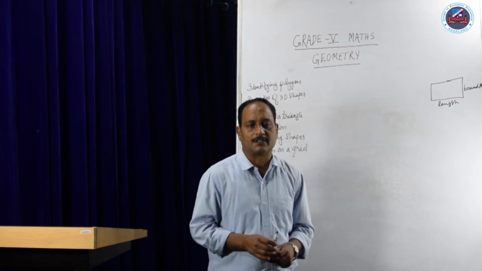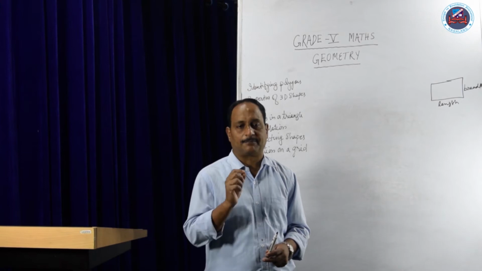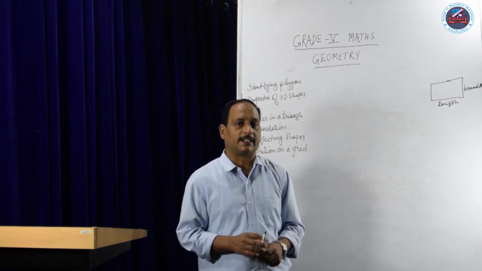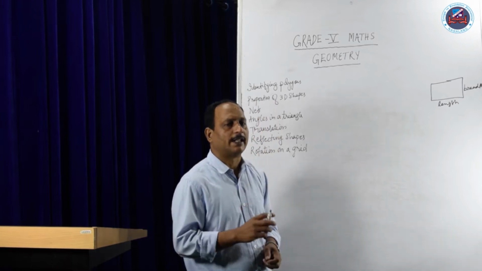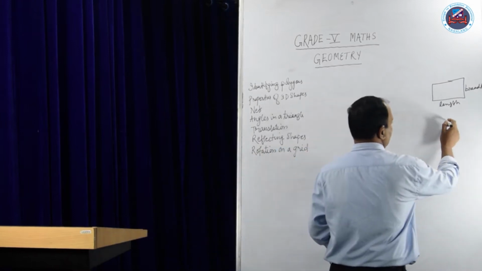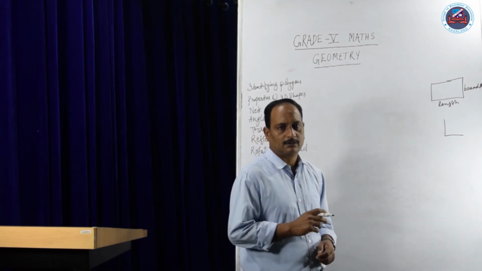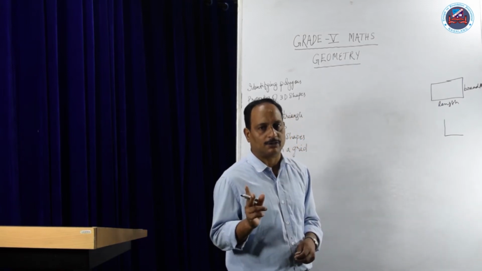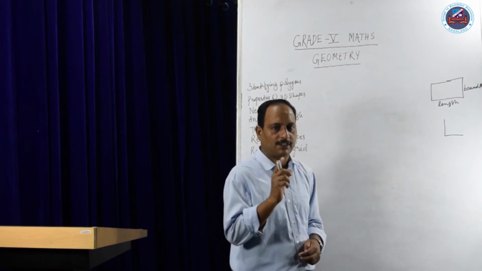In this two dimension shape, polygon is a closed shape with three or more straight lines. We cannot draw any figure with two lines. If we are drawing any two lines, we cannot draw a polygon. We have to start with three lines.